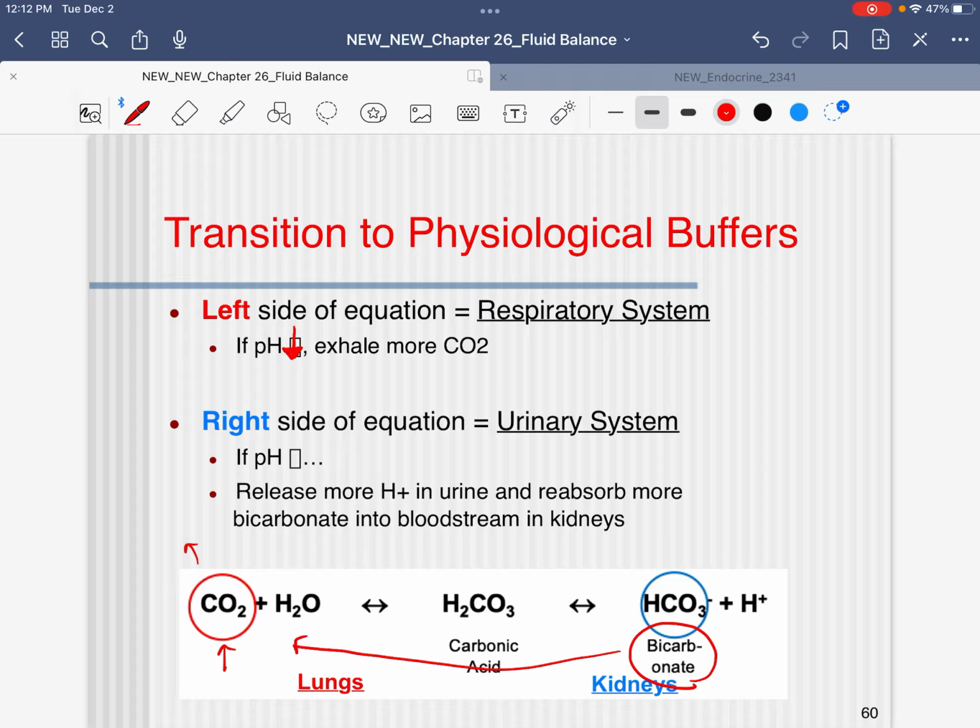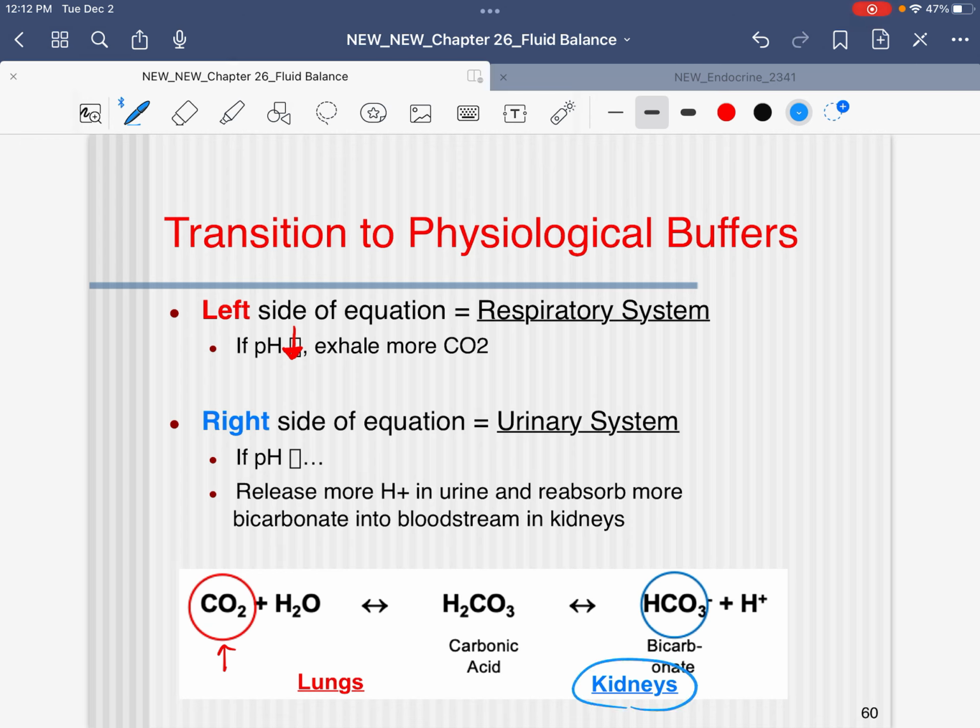I'm not going to use this equation more specifically for this. I'm just reminding us how the lungs and the kidneys can also regulate pH. The left part of the equation just happens to show us how the lungs can do it by breathing out more or less CO2. The right part of the equation, we can take bicarbonate to the kidneys.